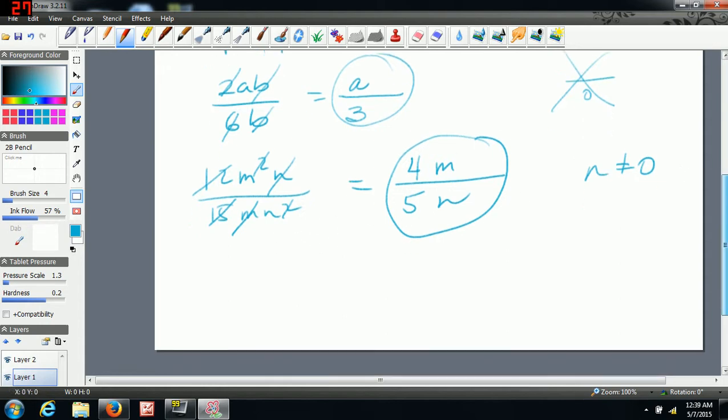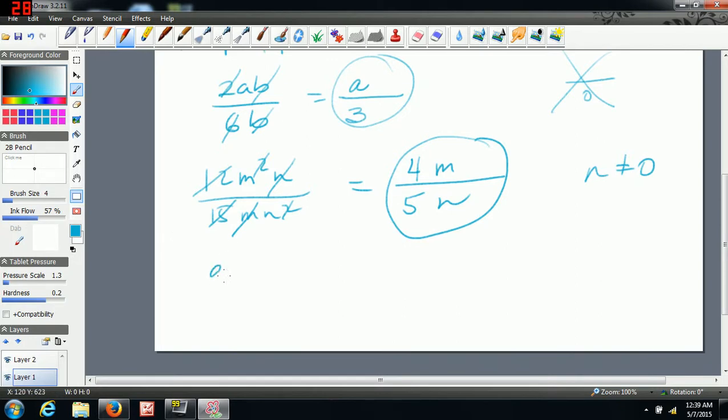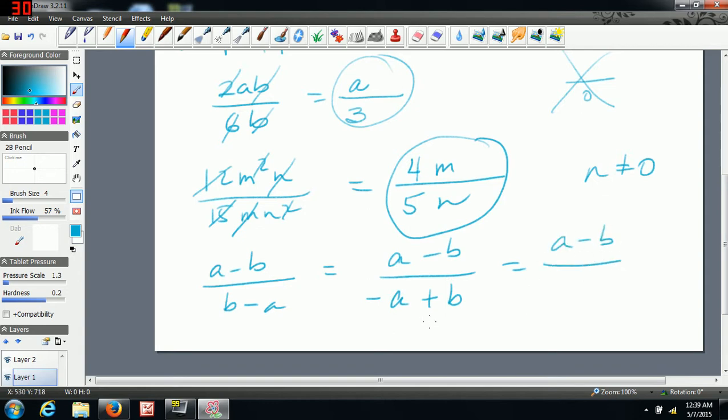So let's try a few others. Say you had a minus b over b minus a. In this one, what I can do is maybe rewrite the bottom. It's the same thing, I'm just writing it in a different order. And then at that point, I could factor out the negative from a plus b.